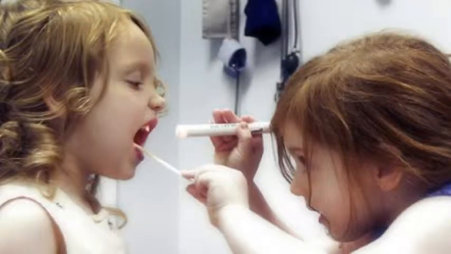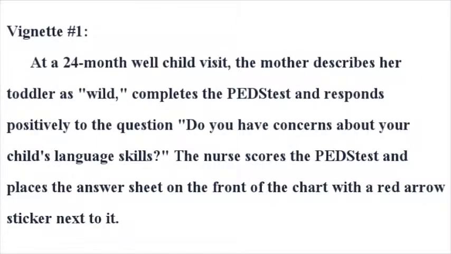Here are two clinical vignettes to help synthesize the billing and coding process. At a 24-month well child visit, the mother describes her toddler as wild, completes the PEDS test, and responds positively to the question, "Do you have concerns about your child's language skills?"